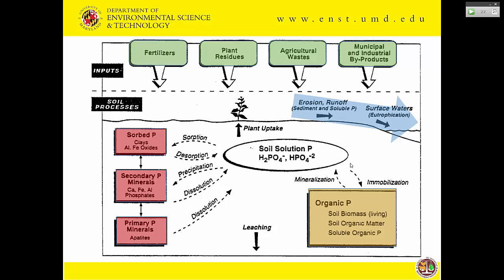One key thing here to notice is that in the middle of this is the soil solution pool. This is the only pool that plants can utilize to grow. But also notice that everything is in equilibrium with this pool. And what that means is, as plants take up from the soil solution pool, there will be phosphorus released from here, and it will replenish the soil solution pool.